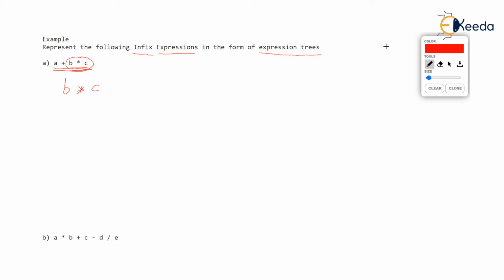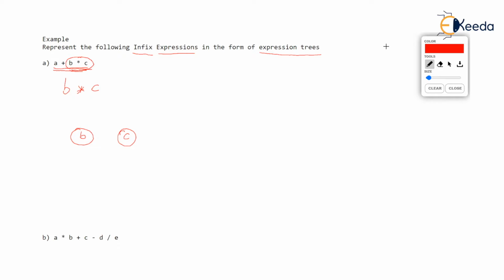Now we make a node of the binary tree and store b in it. And we make another node of a binary tree and store c in it. Now you all know b and c are nothing but operands, isn't it? B and c are operands. Then the node which stores operand like b or the node which stores operand like c is always a leaf node.